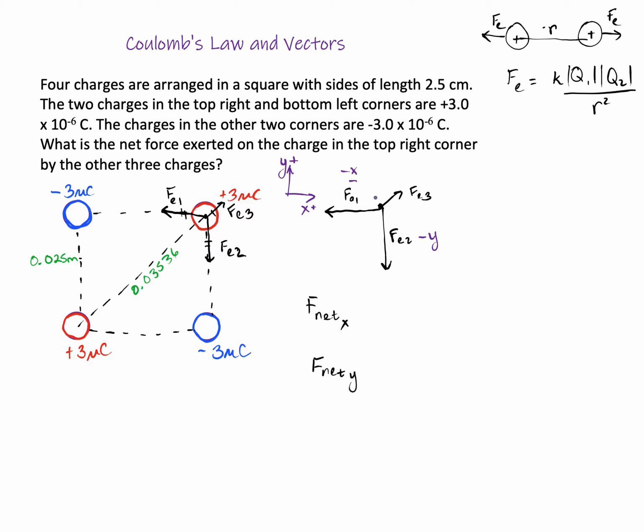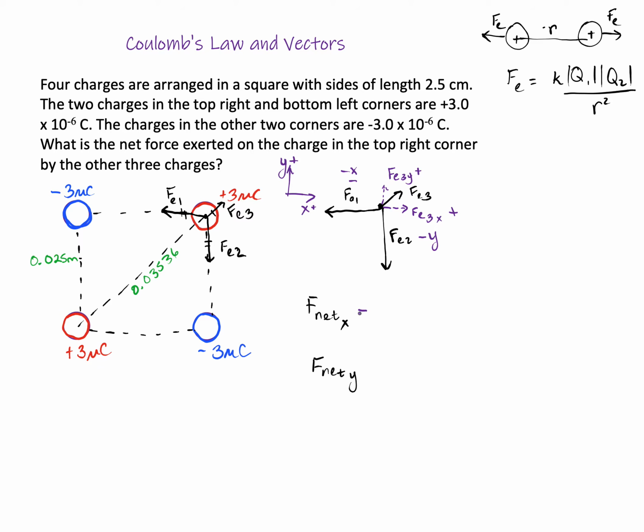But FE3 is pointing neither in the x nor the y, but both. So it has a component that I'm calling FE3x, which is positive, and it has this other component, which is FE3y, which is also positive because it's pulling up. So to the right and up, and so we can see which we have in each dimension.